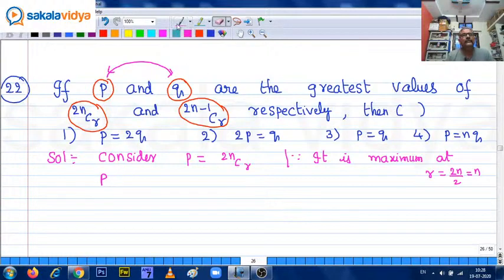Now P becomes, let us say, P1. P1 maximum is equal to 2n Cn. Say equation 1.